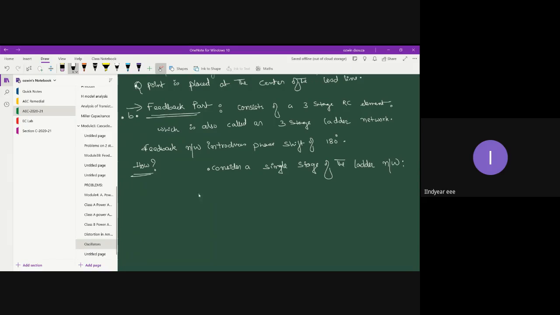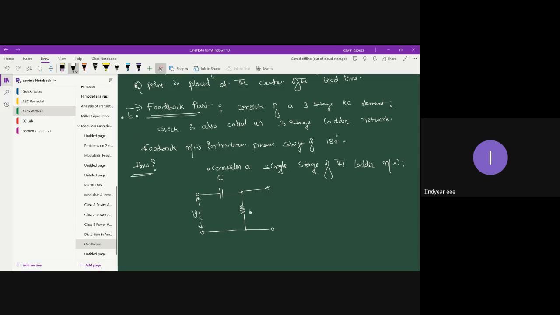Let us say that Vi is the input voltage to the ladder network.